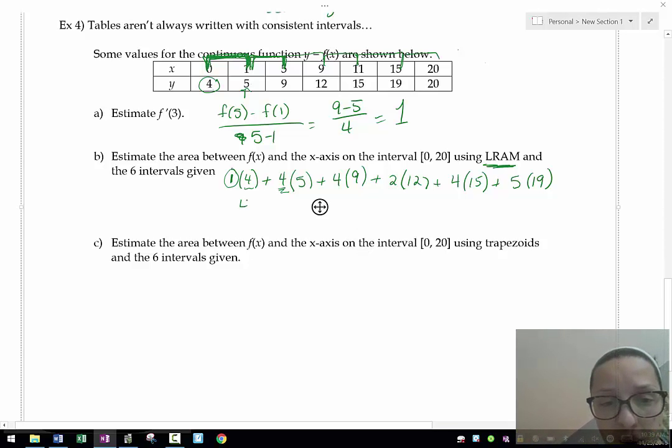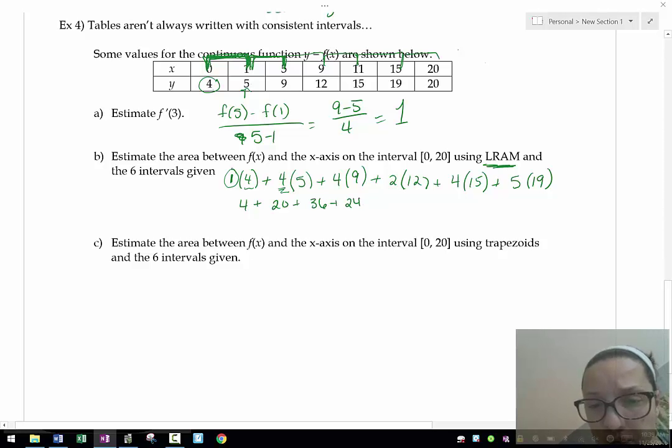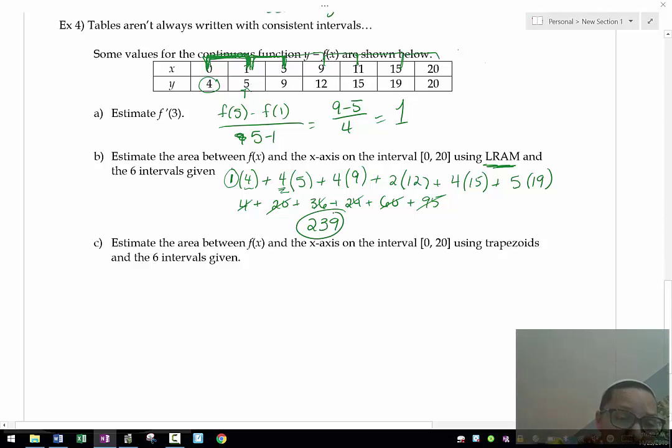And then I went forth and did that, so I have 4, 20, 36, 24, 60, and what's that, 95? It looks like 95. So let's see, what have I got here? 36 and 24 is 60, 120, 140, 235, 239, I think, if I mathed appropriately.